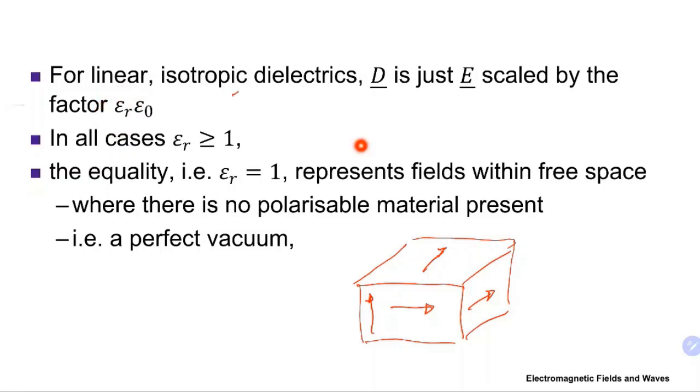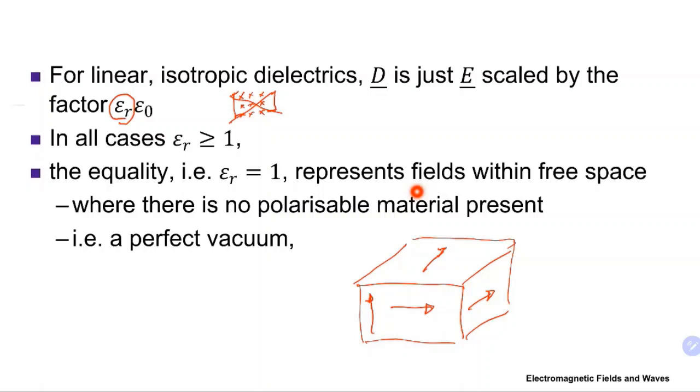It is a 3 by 3 matrix. And in that case, it is an anisotropic material and it's not linear. But this is not what we're going to study in this module. We're just going to treat epsilon r as a scalar.